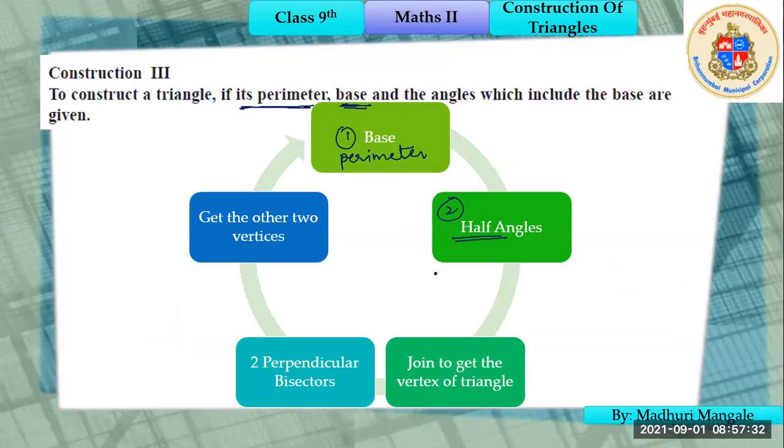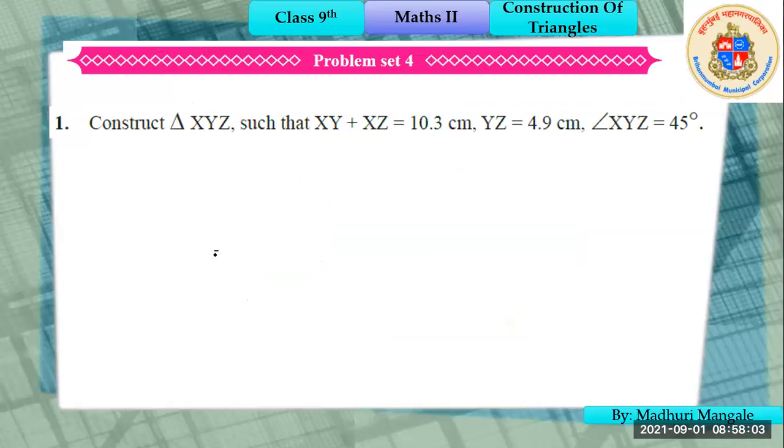Next, wherever these half angles meet, that is the vertex. To the sides we have got by joining, we draw two perpendicular bisectors. Wherever the bisectors meet on the base, that gives us the other two vertices, and that's how the construction is complete. Okay, so that was a quick recap.